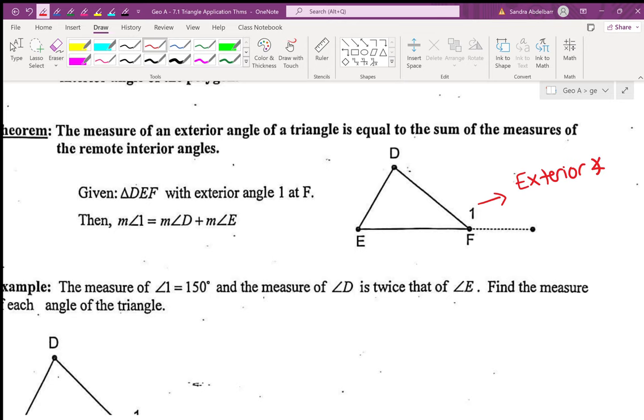The angle that's a supplement to the exterior angle, so let's call this 2, 3, and 4, the angle that's next to the exterior angle, or is a supplement to the exterior angle, is called the adjacent interior angle. And the angles that are far away from the exterior angle, those are called the remote interior angles.